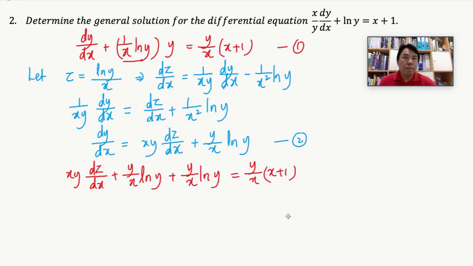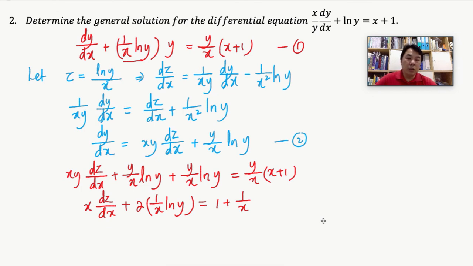From here you will notice that all the y can be cancelled. So I will just write down y, so x dz/dx plus these two same terms. So it's basically just 2 times 1 over x ln y. You can simplify that by having 1 plus 1 over x. That's how it looked like.